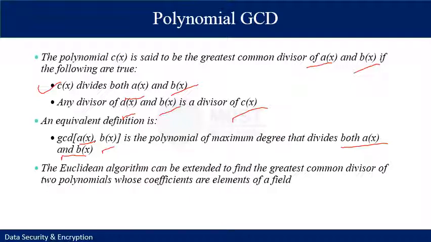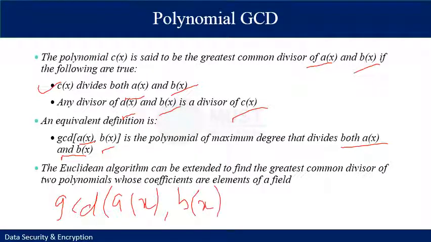In this way, the Euclidean algorithm can be extended to find the greatest common divisor of two polynomials whose coefficients are elements of a field. The equality can be referred to as the greatest common divisor of a of x, b of x, similar to the numbers we had in the previous lecture, such as the greatest common divisor of a, b.